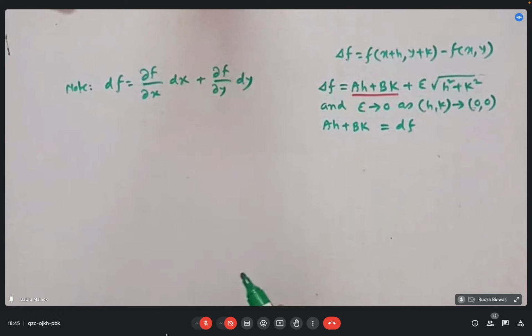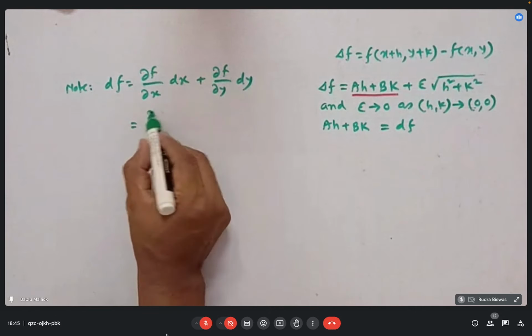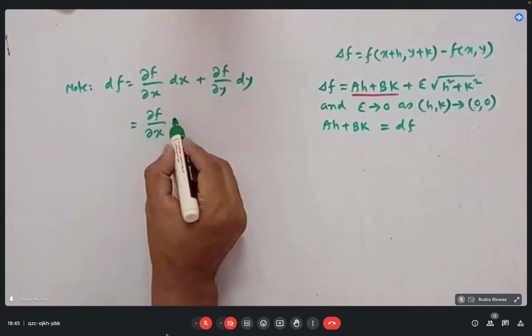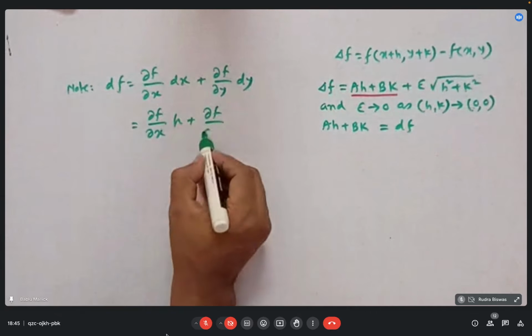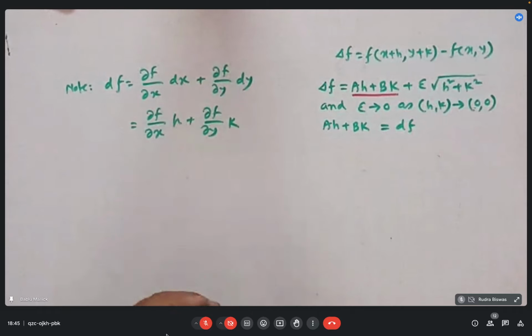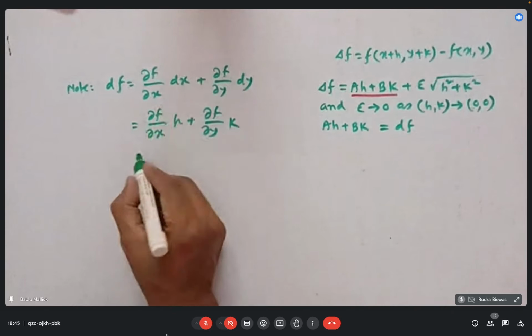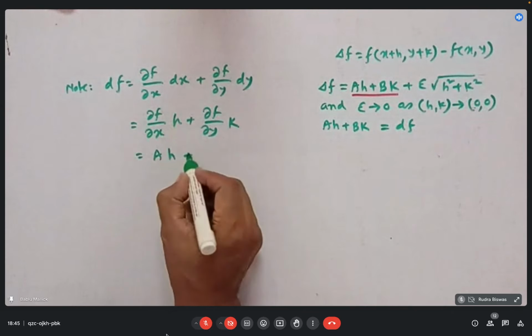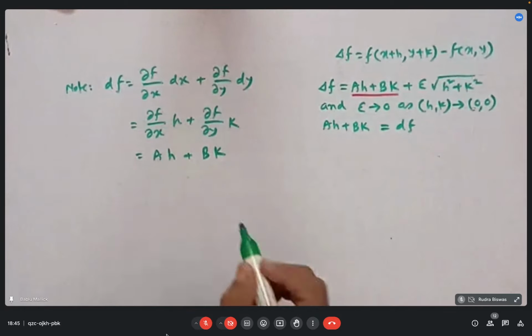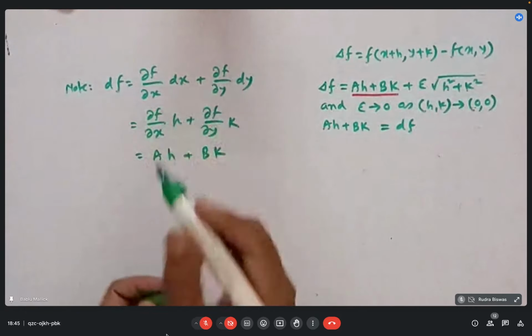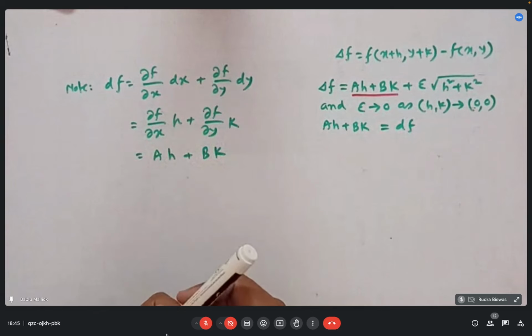So this means actually del f del x into h plus del f del y into k. Here this value is A and this value is B. So A means del f del x and B means del f del y.